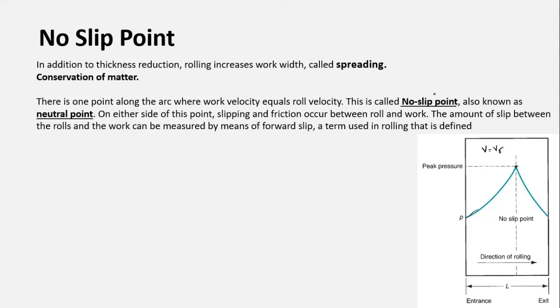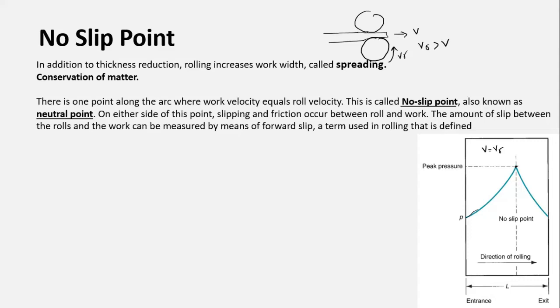So why is it called a no slip point? Because it has the maximum friction here, so that the velocities have become equal, they are moving at the same speed. So no slipping occurs, because if you observe the rolling operation, when the slab passes between the rolls, the roll speed is greater than the velocity of the workpiece.